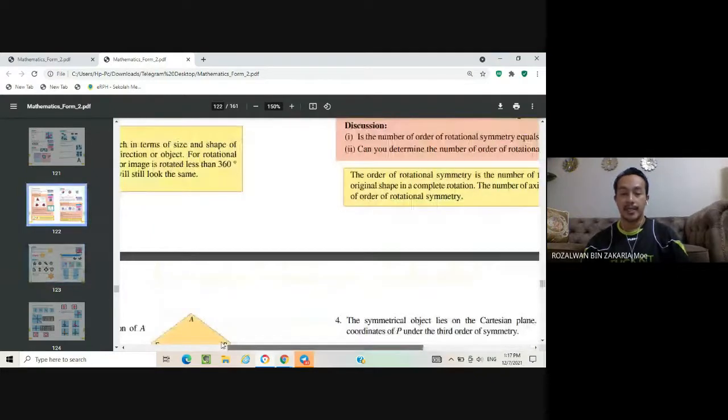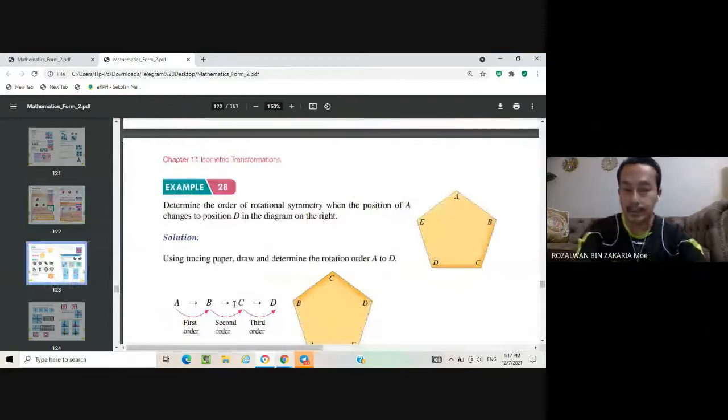Now look at example 28. Determine the order of rotational symmetry when the position of A changes to position D in the diagram on the right. In this diagram we have one polygon, with point A, point B, point C, point D, point E. This is a regular polygon.